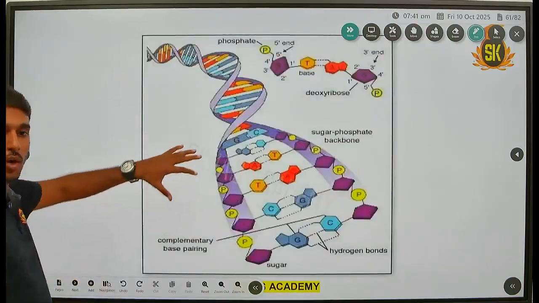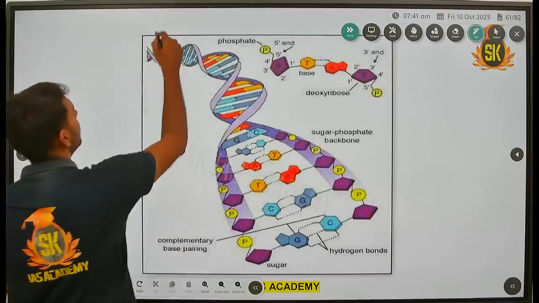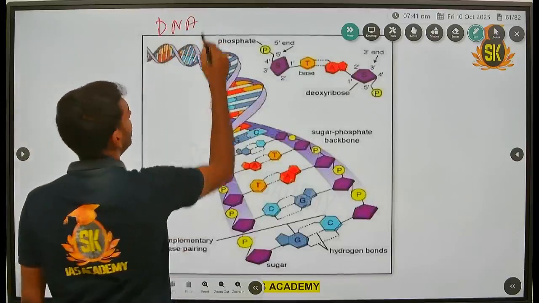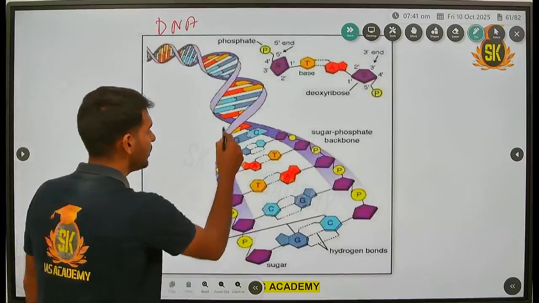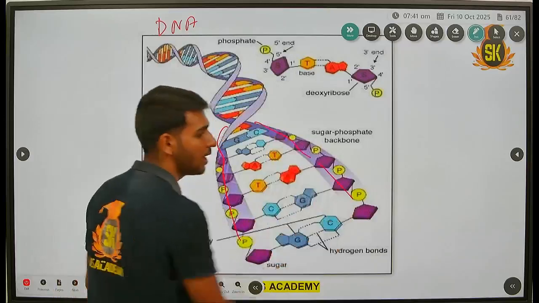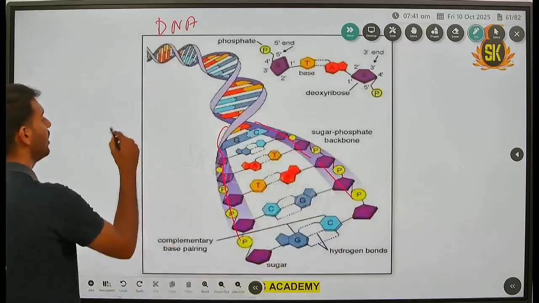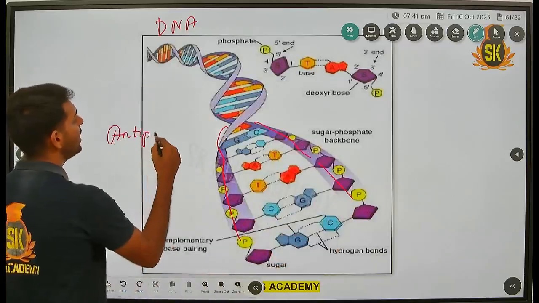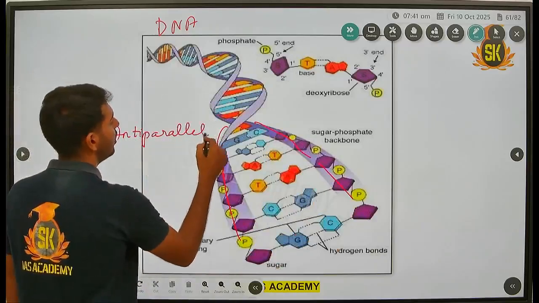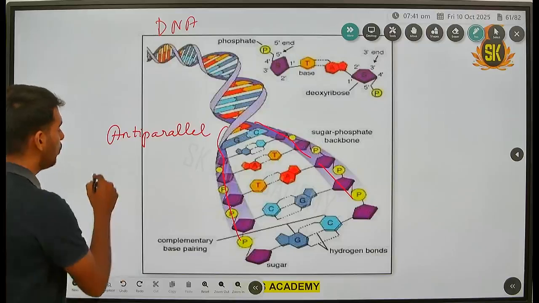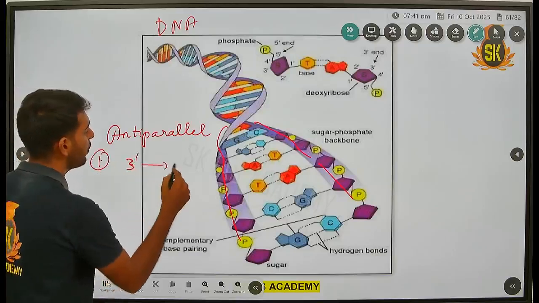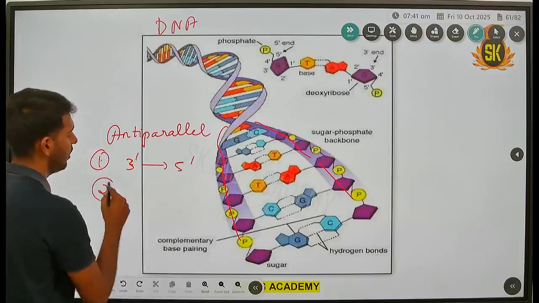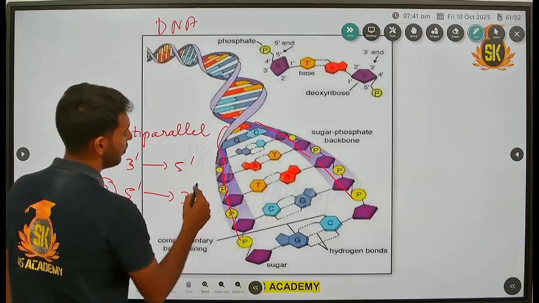So this is the overall structure of DNA. How many strands are there? Two strands, both anti-parallel in nature. What is anti-parallel, sir? One strand is 3 prime to 5 prime, the other is 5 prime to 3 prime.